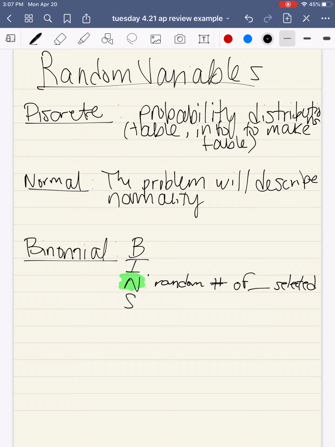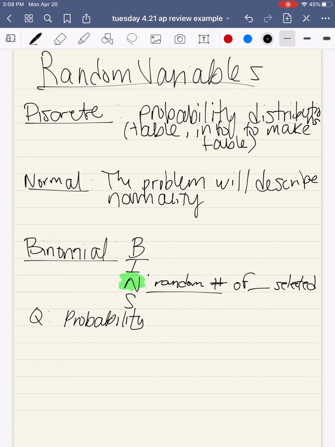So whether it's people or cars or whatever it may be, that is going to be the number of trials. So if your problem is telling you something about random selection, and then the question asks you about probability, it's a good indication that that is going to be a binomial random variable.